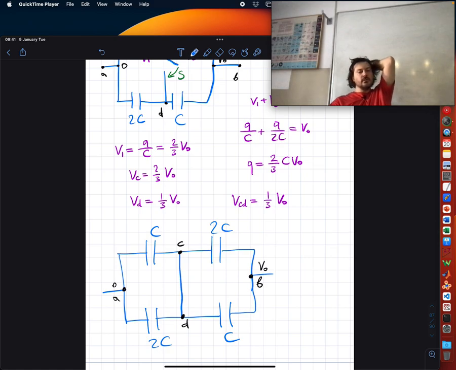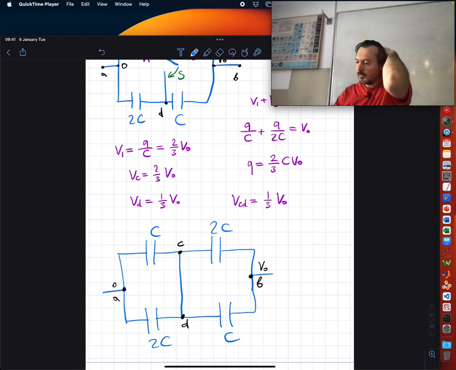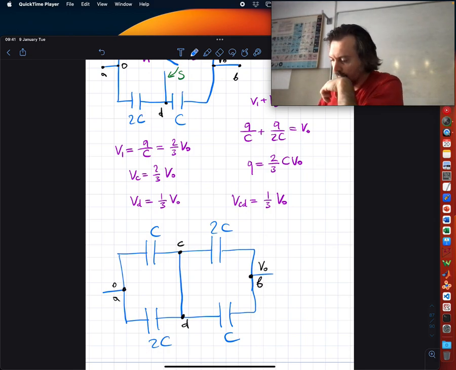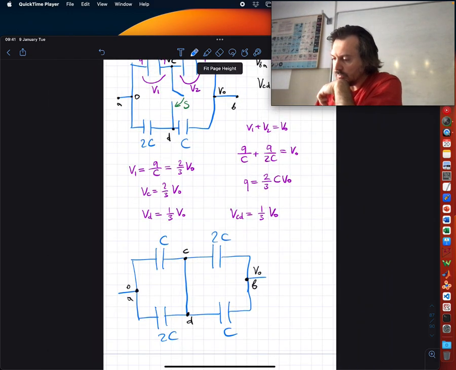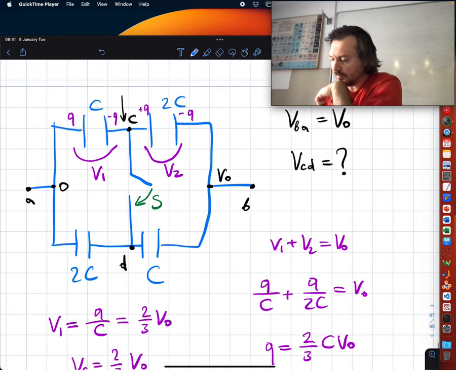We can say that the upper and bottom are consistent: Q1 over C equals Q2 over 2C. Okay. So what were the charges before the switch was turned on? Can you guess?